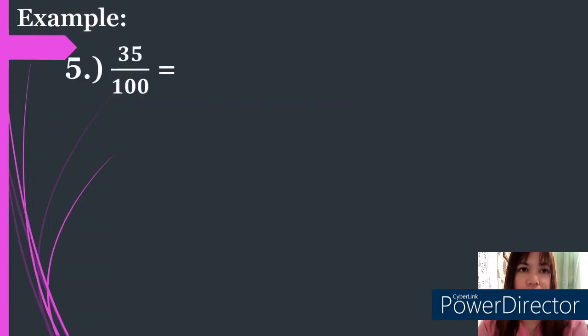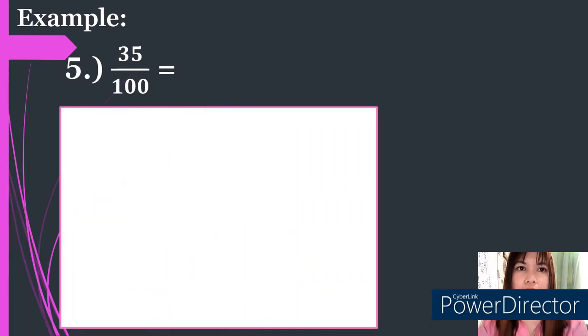Okay, so we have example number 5, and same with example number 4, same process. So we have 35 over 100. We are going to change to decimal. As we said, the way you read it, we have 35 hundredths. So, we have 0. Then, put a decimal point here.